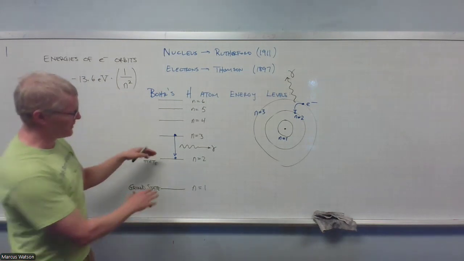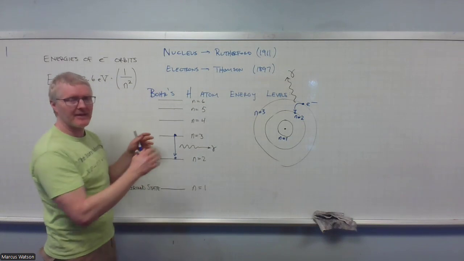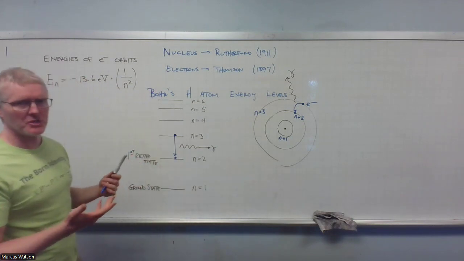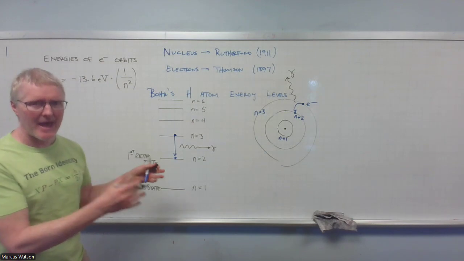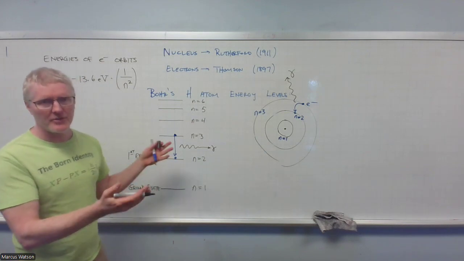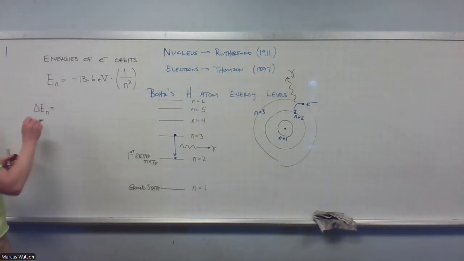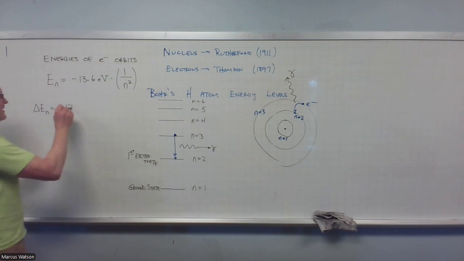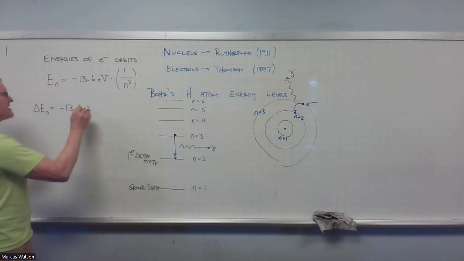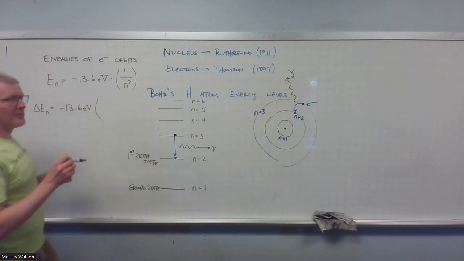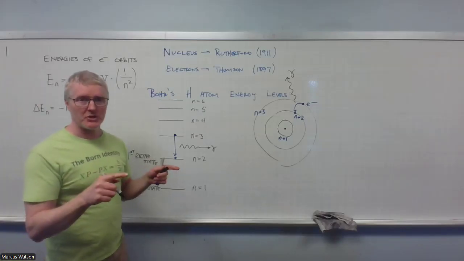So we'll call them n initial and n final, or m and n is also used. But nonetheless, if I think about a delta E of the electron, it comes to minus 13.6 eV, and it would end up being the final minus the initial.